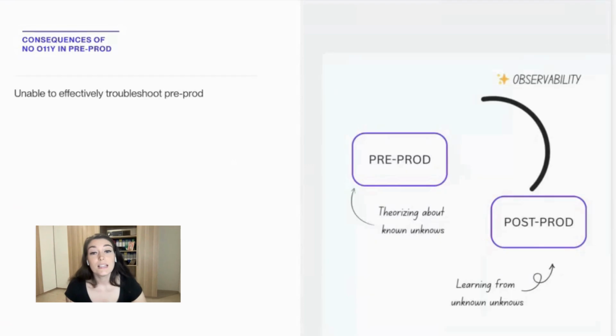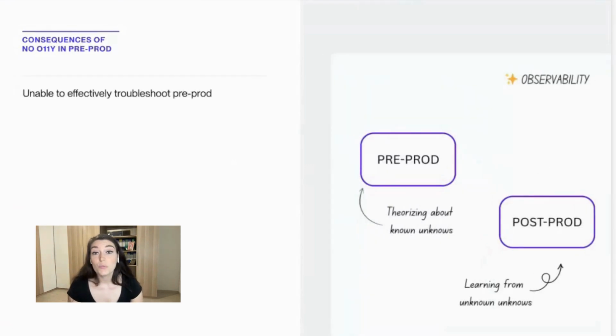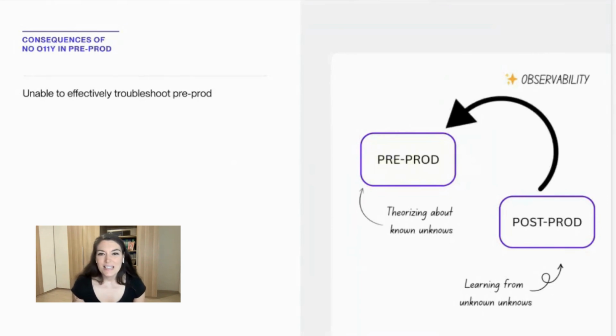And when that's the case, they face three key challenges. So the first one is that they're unable to effectively troubleshoot pre-prod. When something breaks in staging, you're flying blind. Without observability, there is no way to trace requests, inspect service interactions, or debug the failure effectively. So effectively, that means slower feedback loops and longer release cycles.